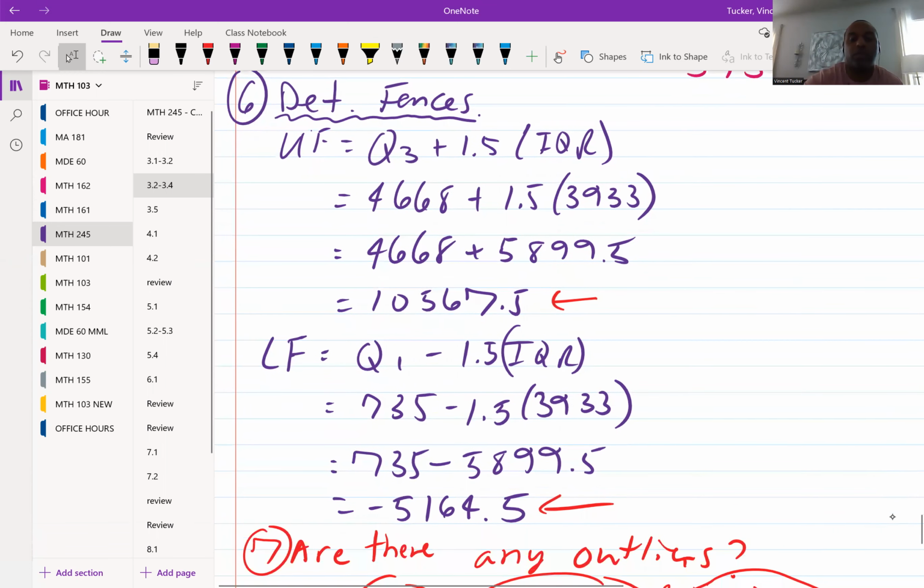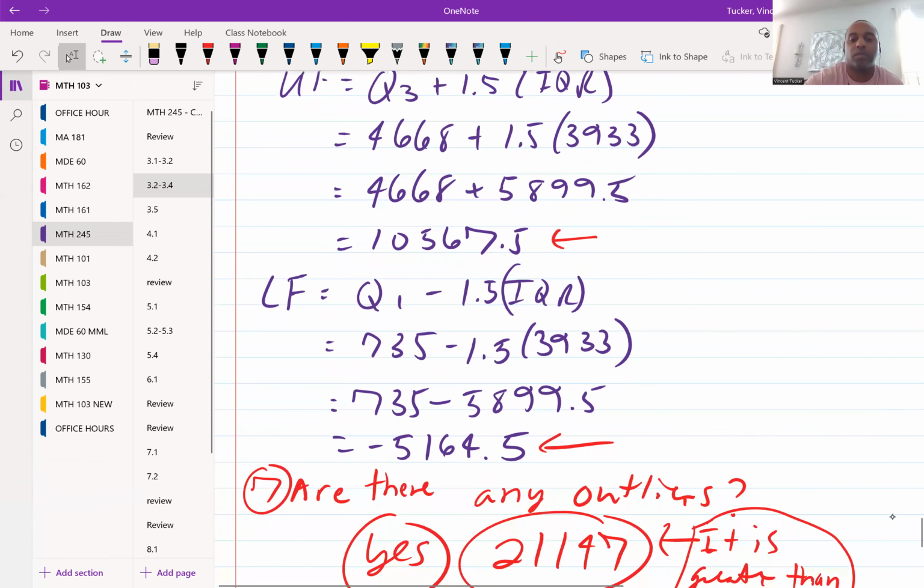Any questions before we look at the last step?